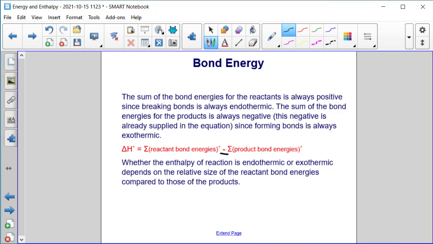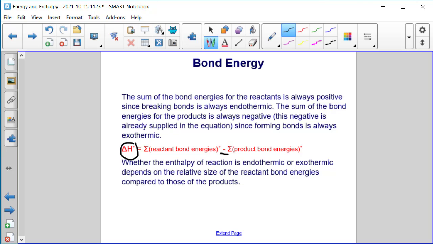Whether the overall reaction is endothermic or exothermic depends on which of these is larger. Does it take more energy to break the bonds apart than is released when they reform?